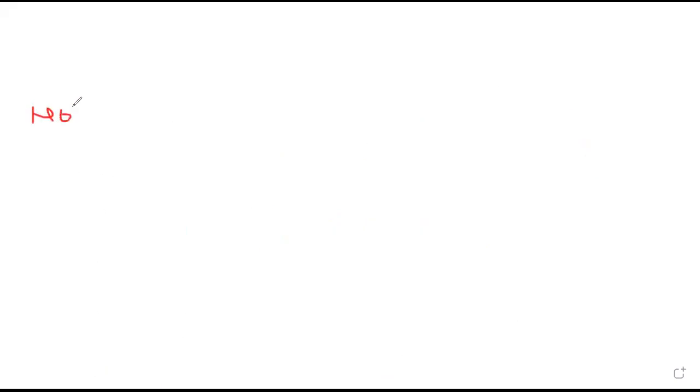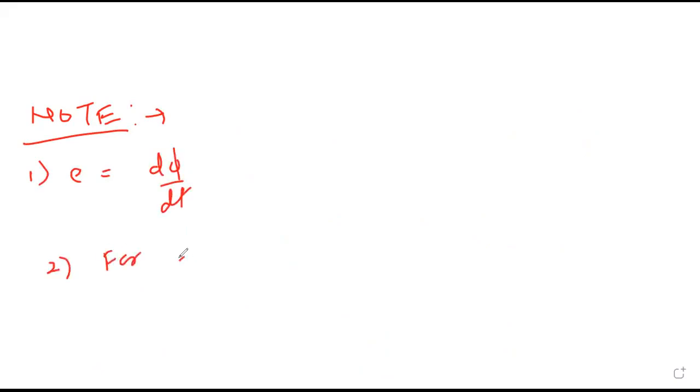Note down the formulas all together so that you remember. E is d phi by dt. One formula for moving rod: E is BLv.